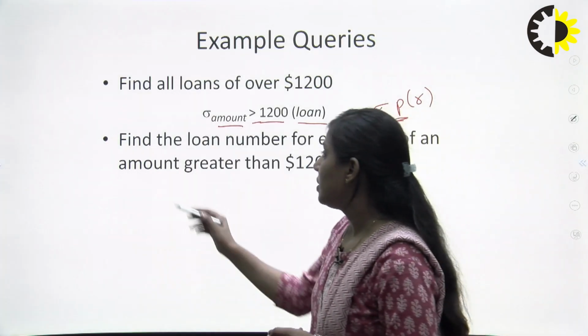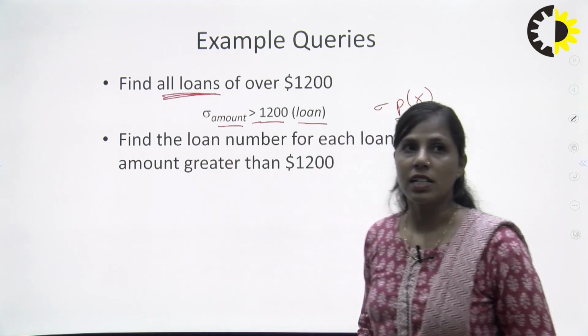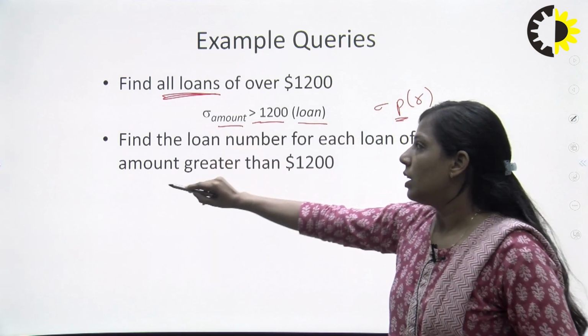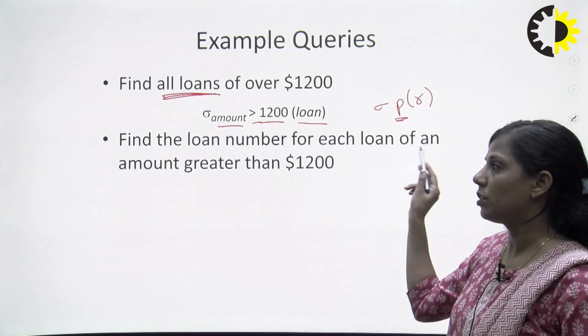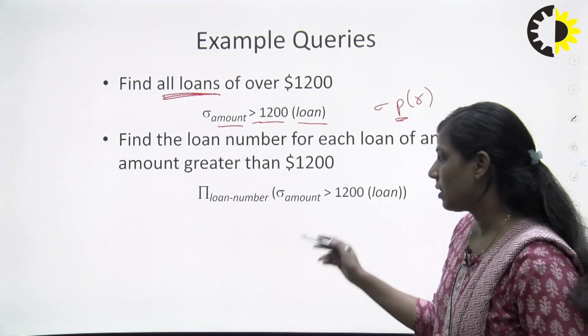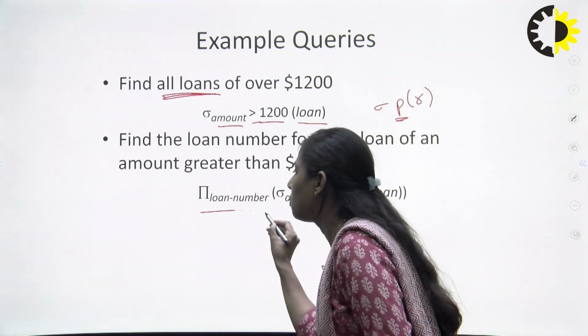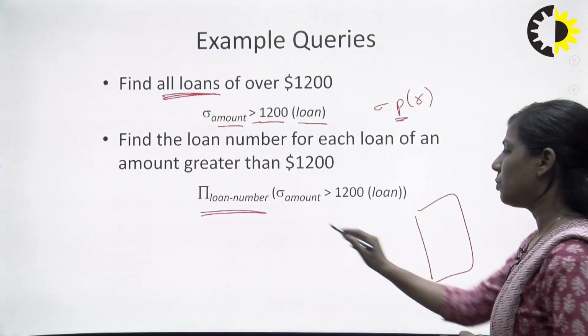In this case, we have to find all the loans. That's why we have taken the sigma part. Here we have to find the loan number for each loan that should be greater than 1200. So we will give the condition like this. We have to find only the loan number, only that column from this particular data.